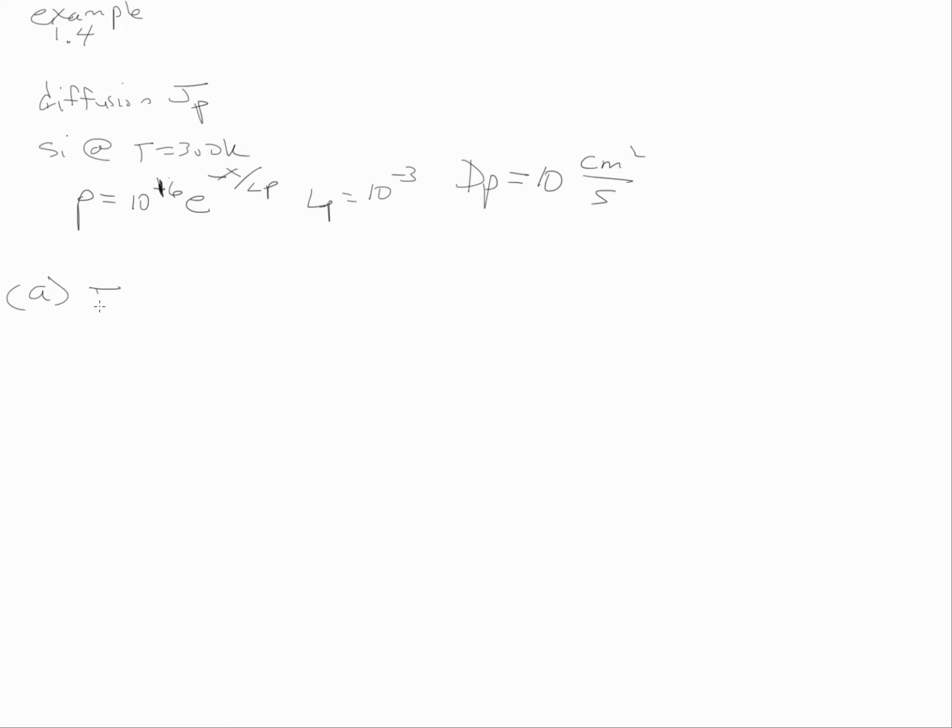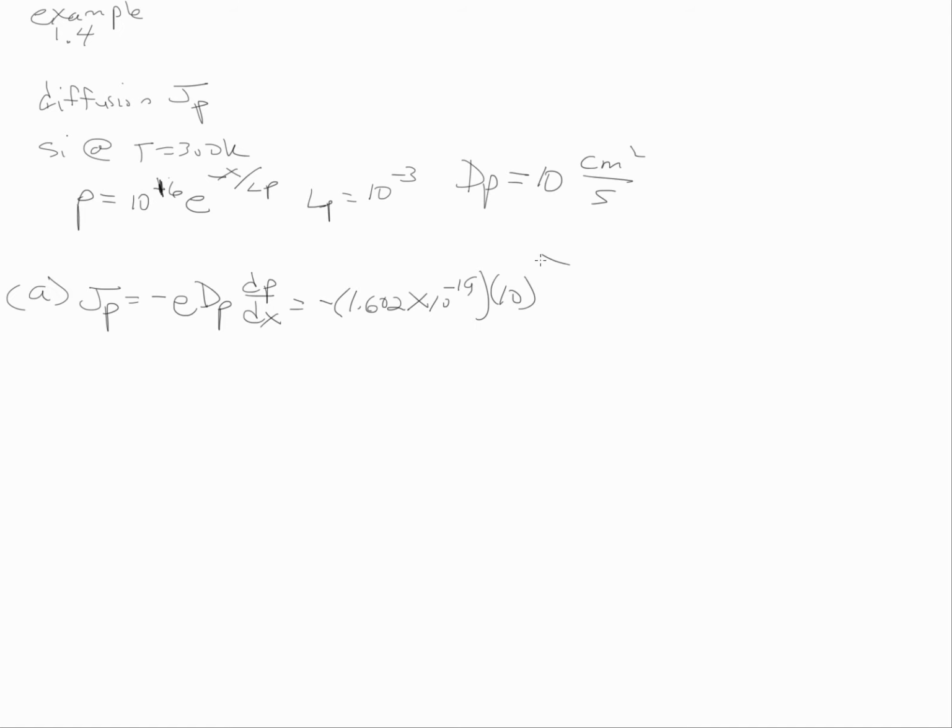So you're given that information, and then all you have to do is plug it in to your formula that Jp is equal to minus e times the diffusion of the holes times the concentration gradient. And so we get minus times 1.602 times 10 to the minus 19 coulombs. And we have the 10 there.